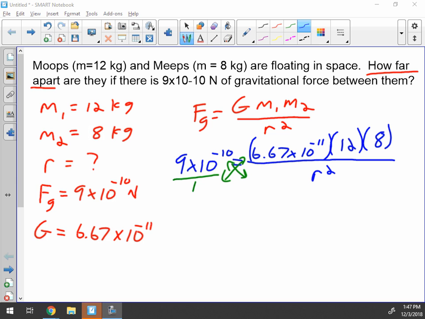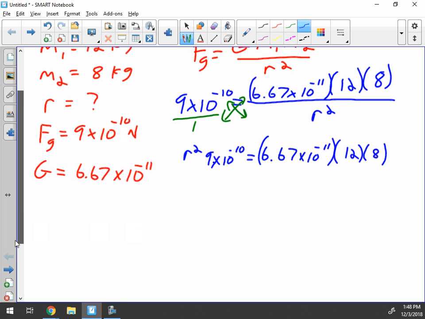So I'll have R squared times 9 times 10 to the negative 10 equals 6.67 times 10 to the negative 11 times 12 times 8. All right, so now I'm trying to get R by itself.